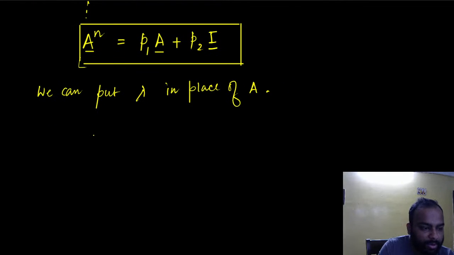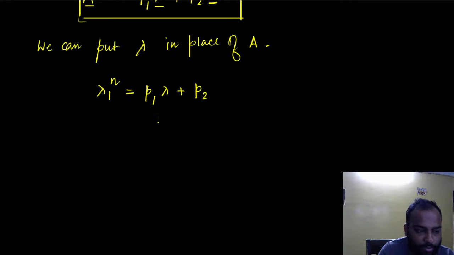For the first value, lambda 1 to the power n would be p1 times lambda 1 plus p2, where I becomes 1, and these are just scalar quantities. And if I put lambda 2, it becomes lambda 2 to the power n equals p1 times lambda 2 plus p2. Now, this is just a number.